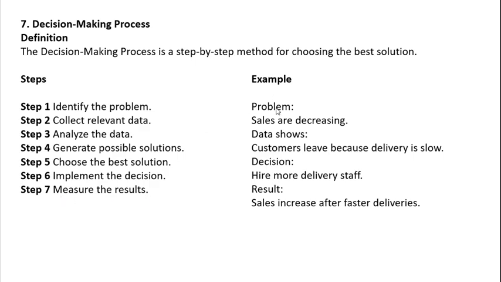For example, the sales are decreasing, and the data says the customers leave because the delivery is slow. The decision is to hire more delivery staff, and the result is that sales increased after faster deliveries.